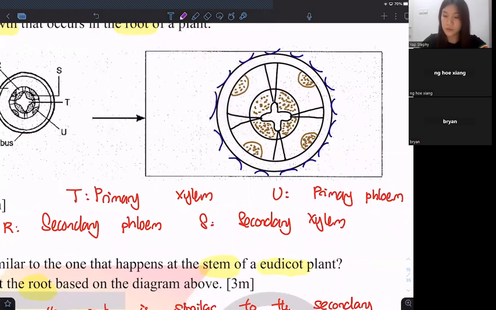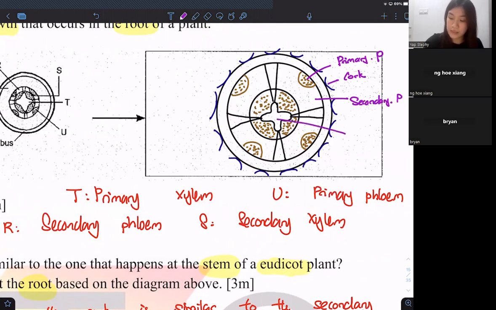This one is for the cork, the primary phloem. I write P, P is for phloem, okay? And also the secondary phloem, and also the primary xylem, and the secondary xylem.